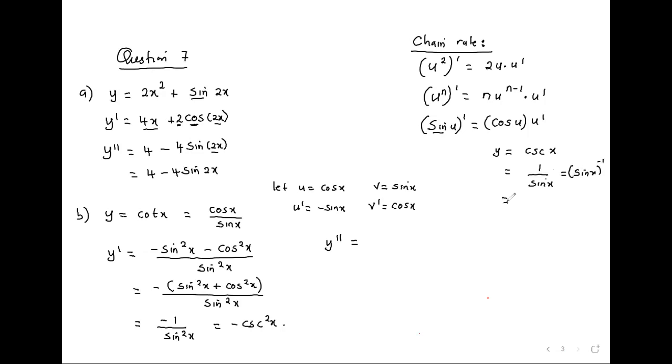So that if we differentiate using power rule, we'll have negative sine x to the power negative 2 multiplied by the derivative of sine, which is cos x. So we'll write it as negative cos x over sine squared x. So this is the same as negative cosec x cot x.